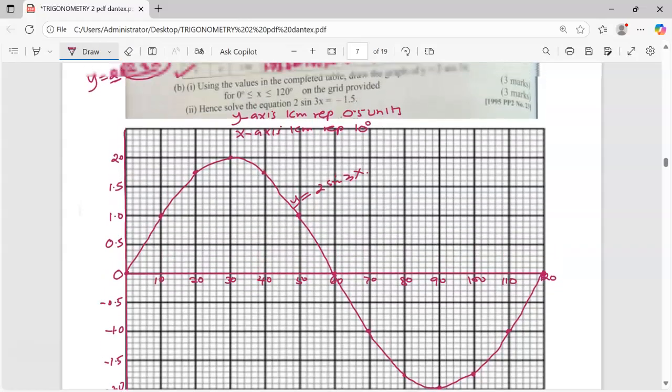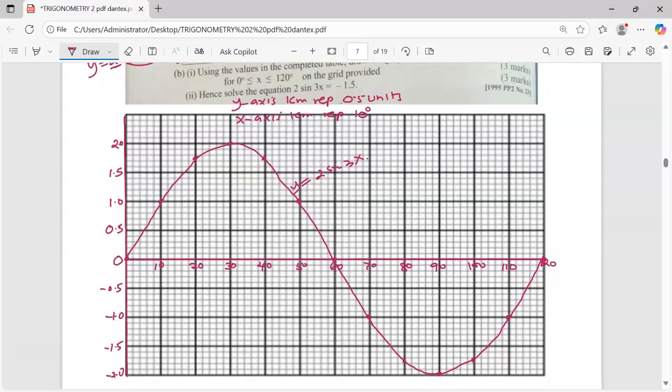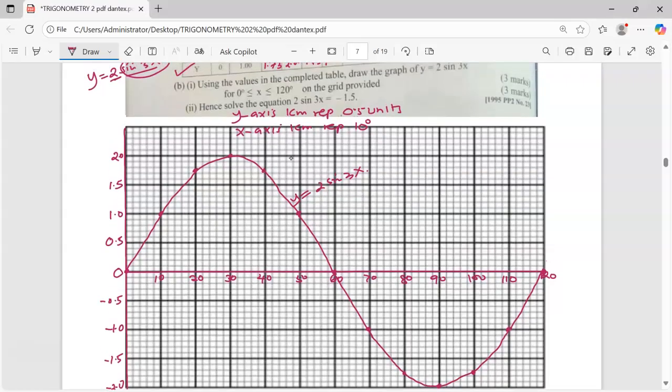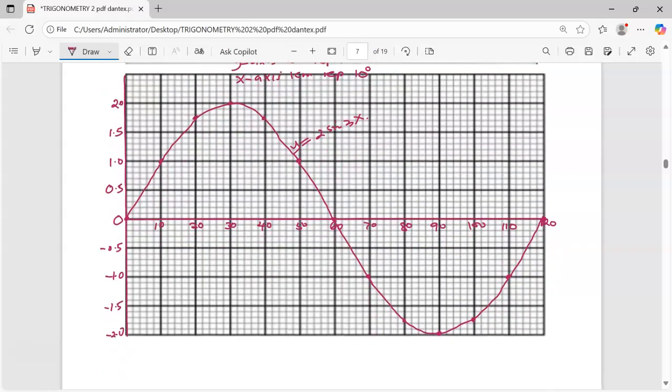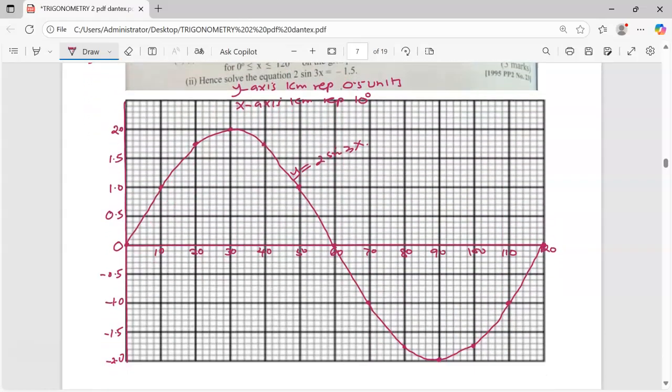Then next question we are supposed to answer. Hence solve the equation 2 sin 3x is negative 1.5. So we are going to go to where y is negative 1.5. Draw the line. So negative 1.5 is at this point here.